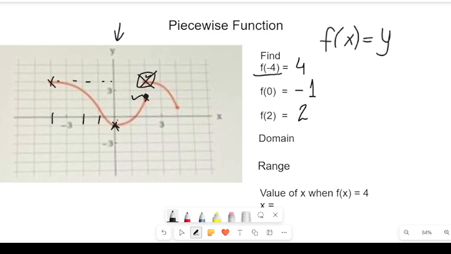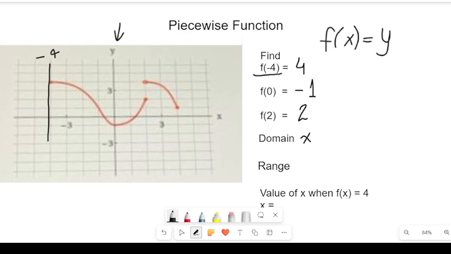All right. Now let's move on to domain. So what's the domain of this graph? Let's clear up our graph first. So what's the domain of our function? Domain is asking for all the possible values of x. Start from the left. We can see from the left our stopping point is right here at -4. And we're going to the right.